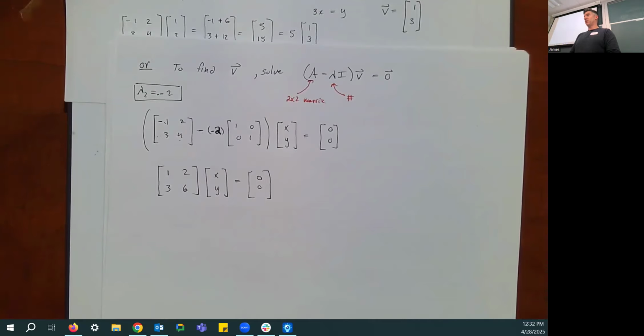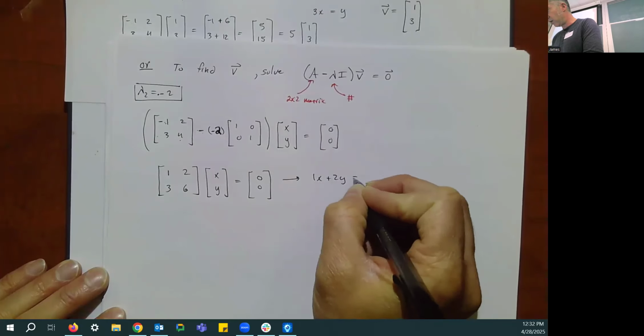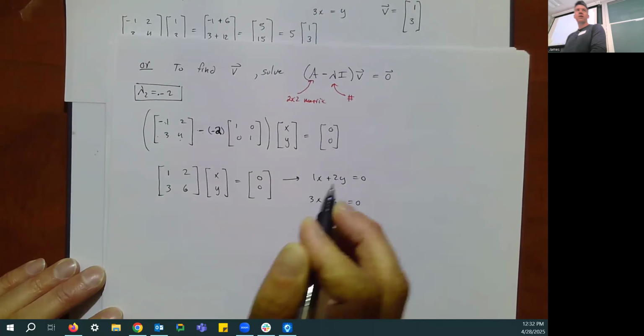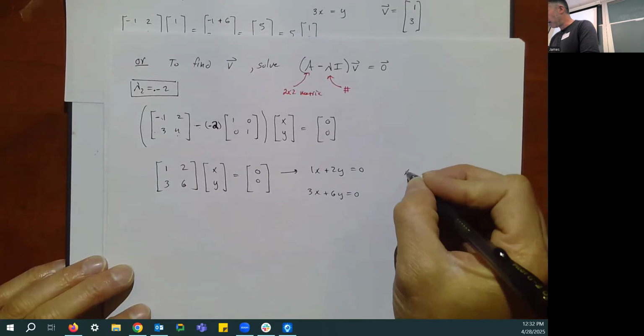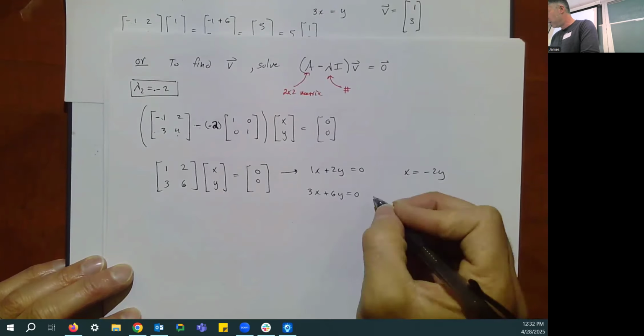The second equation is just the same equation multiplied by 3. Either way you look at it, you're going to get the same relationship between x and y. So here we're going to get x equal to -2y, and the same deal down there.